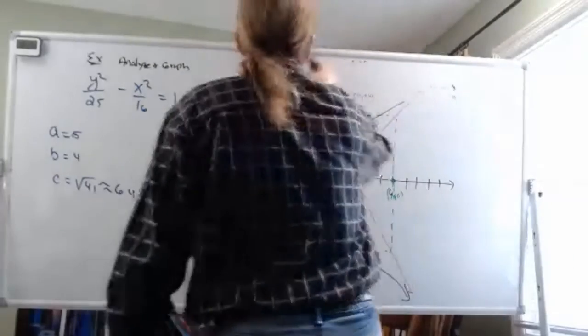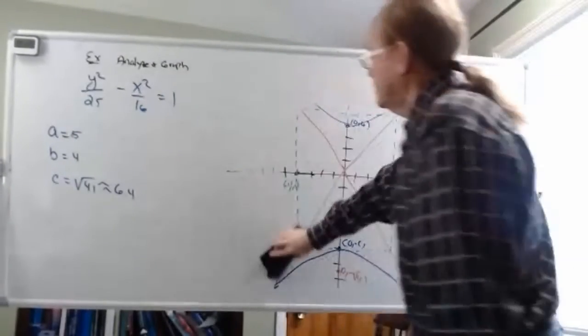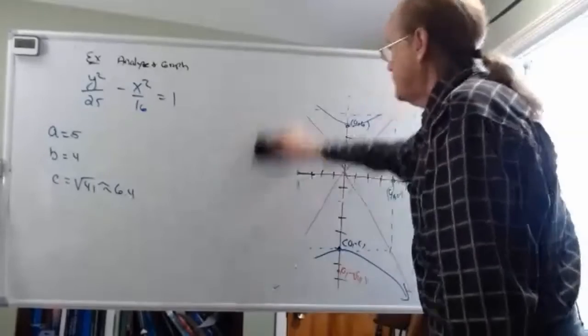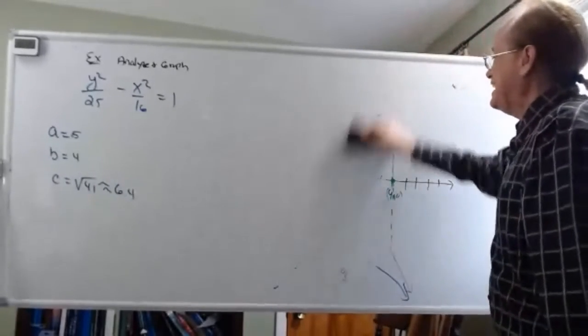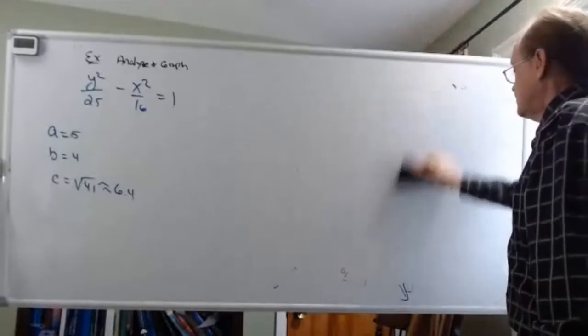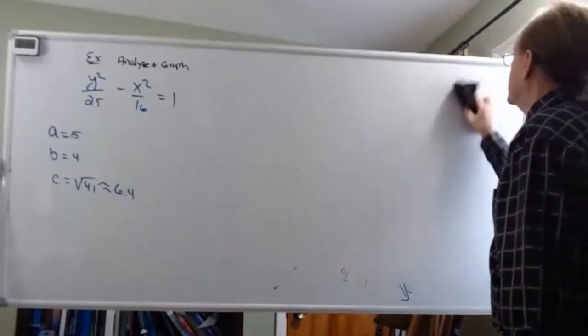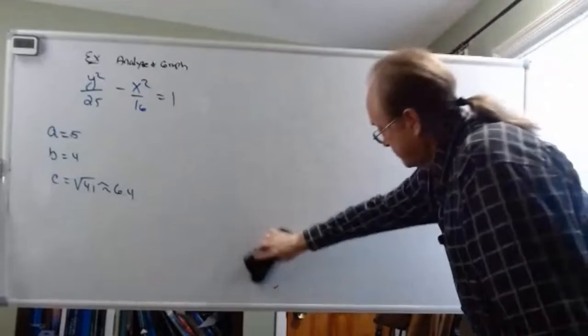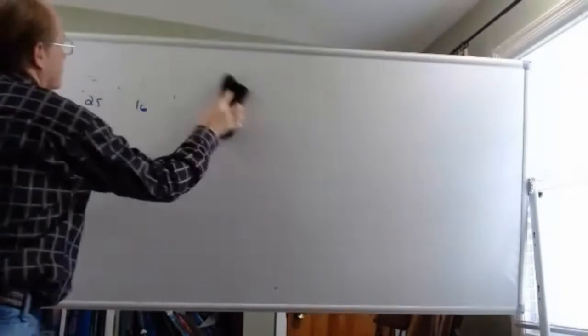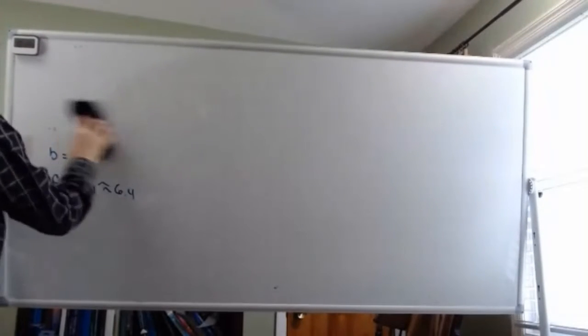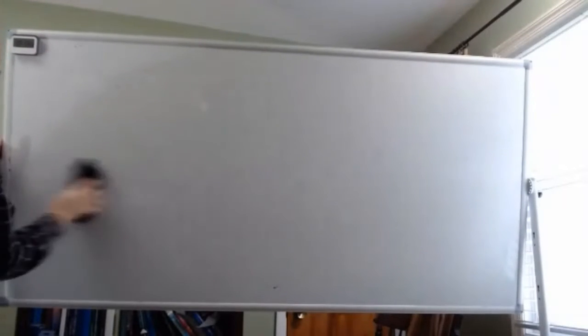Okay, we have one last topic to consider, and this is not a hard topic. What we've been looking at is conic sections, such as my circle, my parabolas, my ellipses, and my hyperbolas. And we've always oriented them relative to the x and y axes.